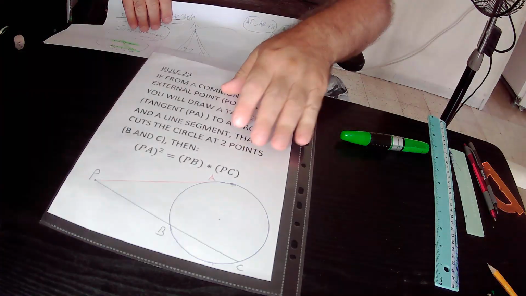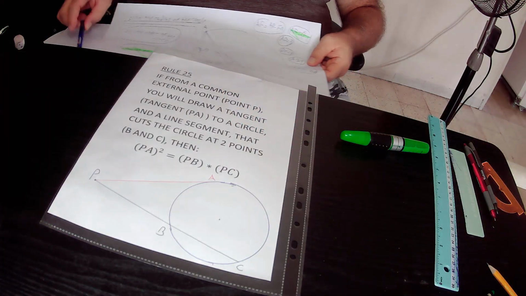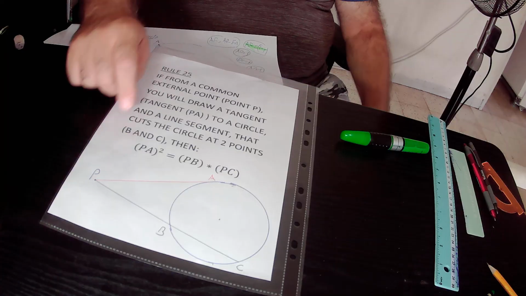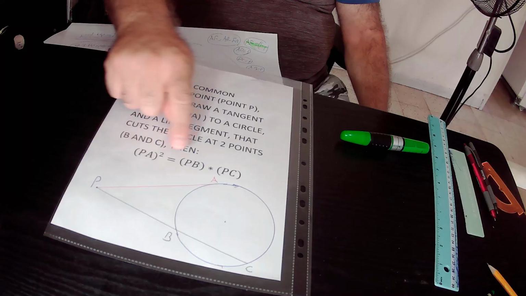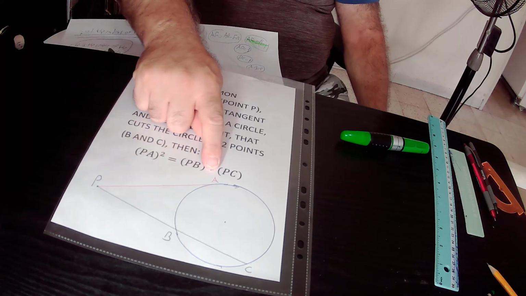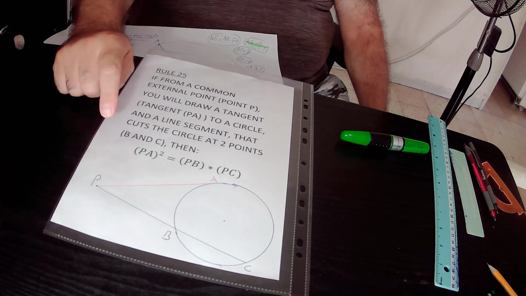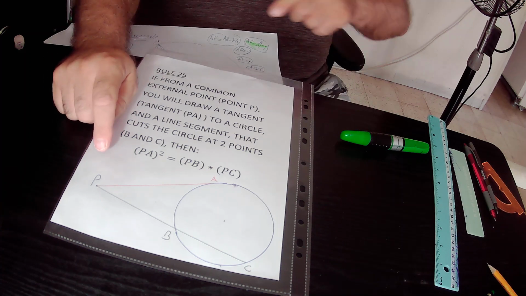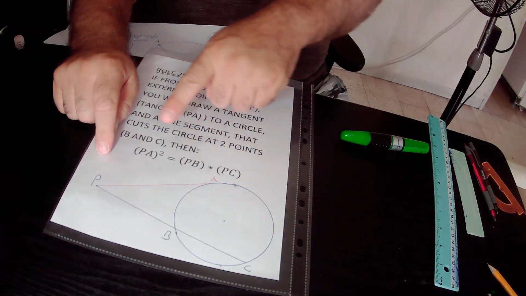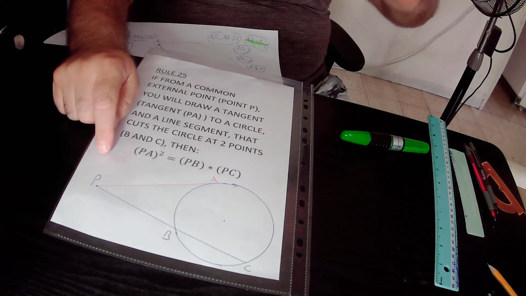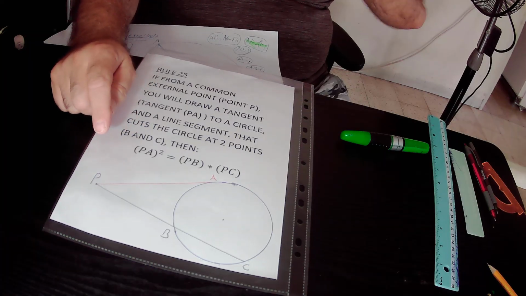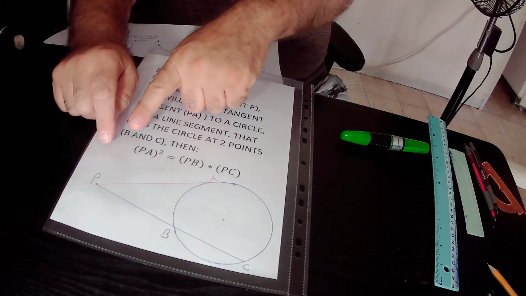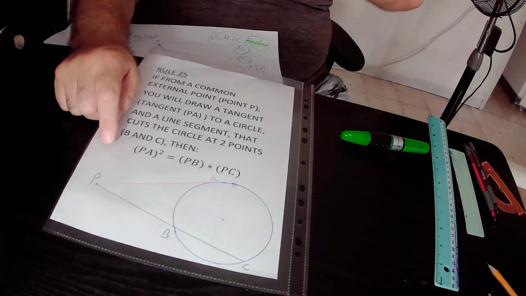Please click on rule 25. According to rule 25, if from a common external point P we draw a tangent to the circle, this is tangent PA, that is tangent to this circle at point A. In addition, from the same common external point P, we draw line segment PC that cuts the circle at 2 points, B and C. So actually, we have here tangent PA, and we have line segment PC that cuts the circle at 2 points.